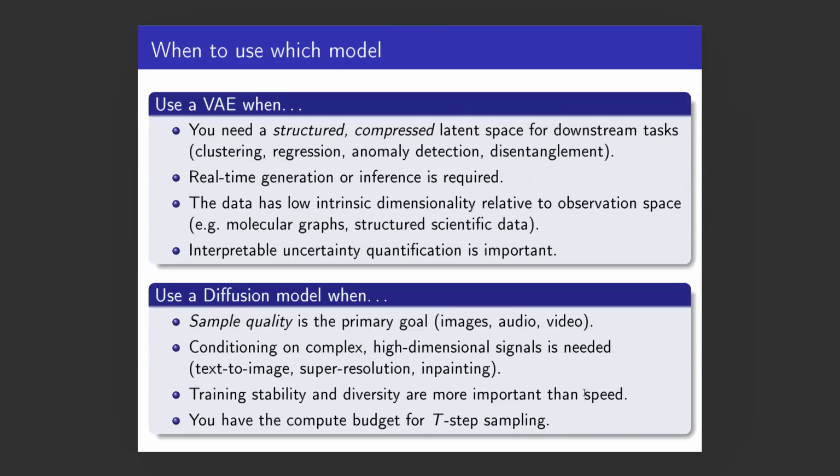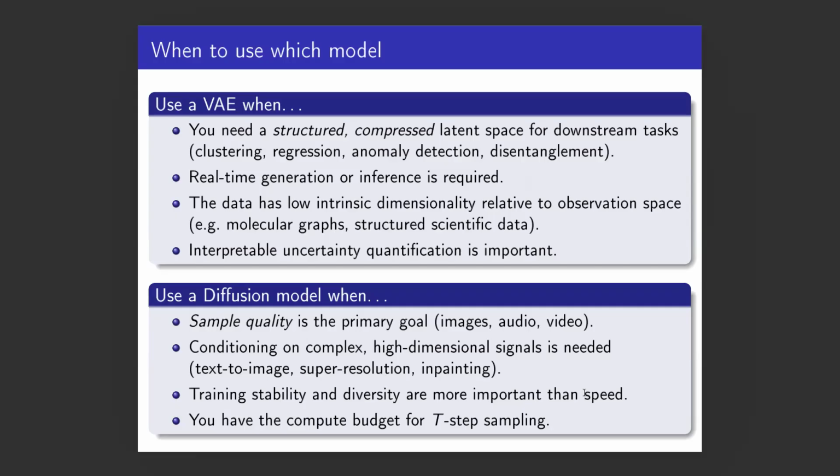If you have structured scientific data, that can be a case where a variational autoencoder can be useful, where you often have a simple relation between the original data and the latent space. Also, the thing which is nice with a variational autoencoder is that you can quantify the uncertainty, which is very important.